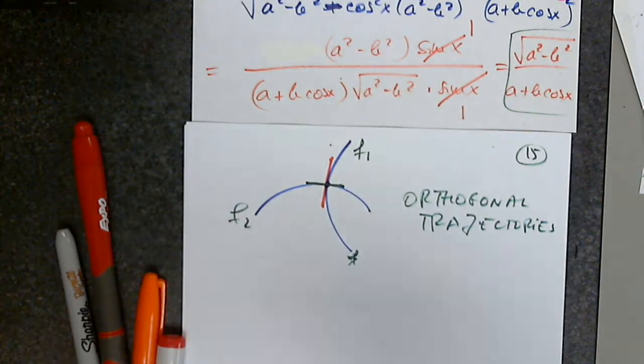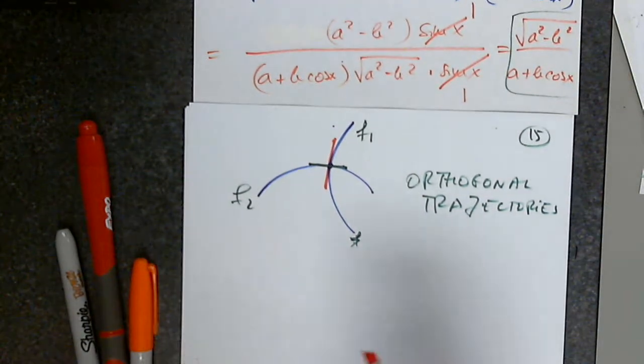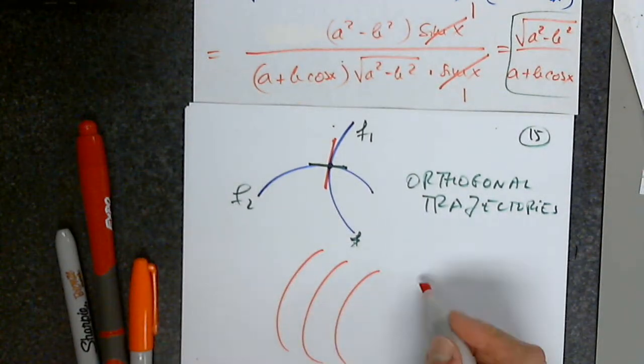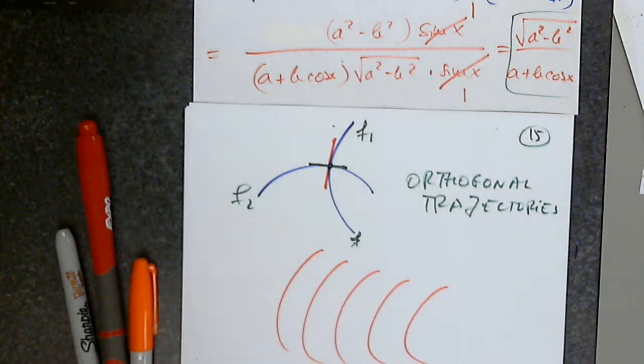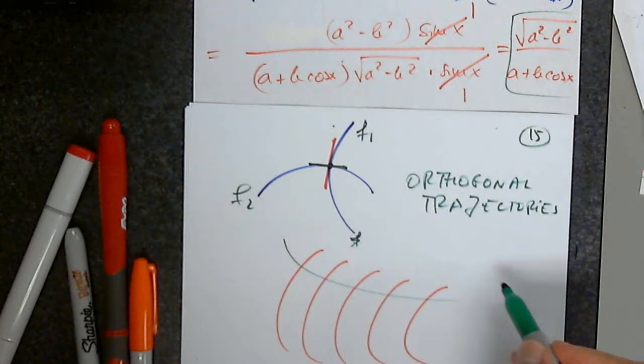Now, how will I have families of curves? They will differ by a constant. So I could have these. One family looks like this, and the other family looks like this.